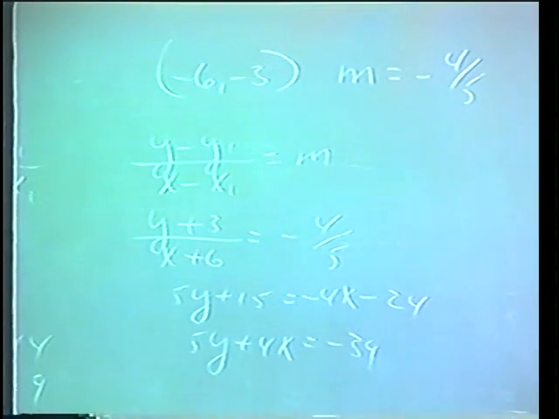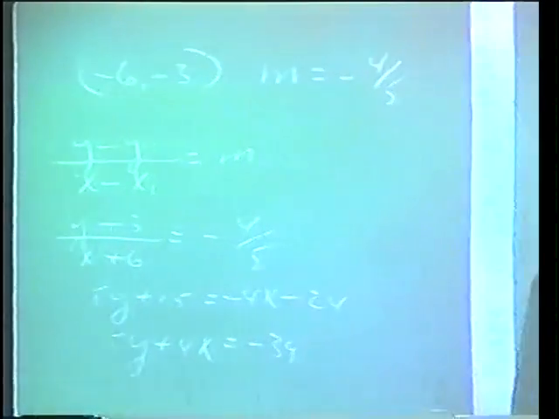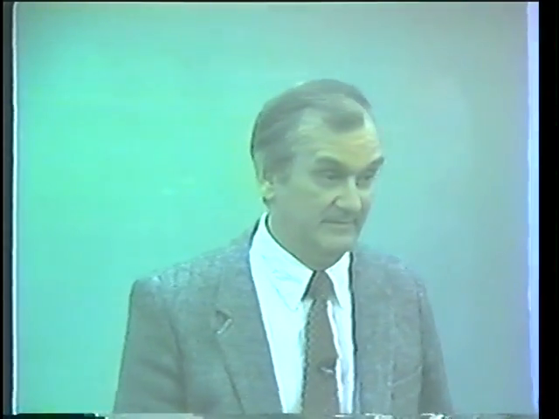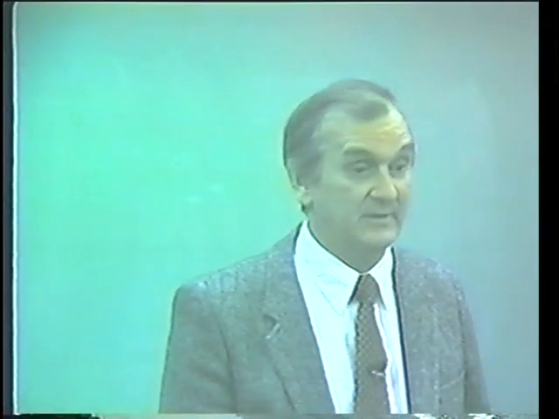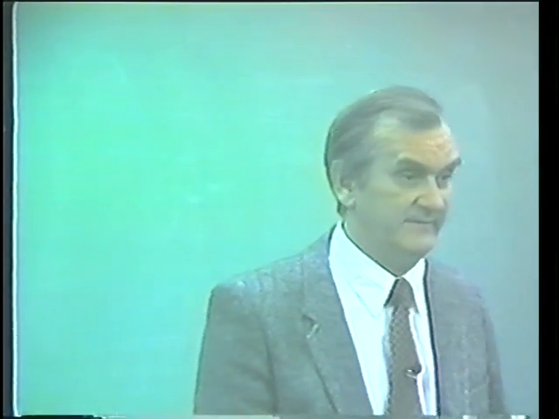Now, we talked about parallel lines and perpendicular lines. We said that anytime lines are parallel, their slopes have to be the same. Slopes are equal. Parallel lines have equal slopes.